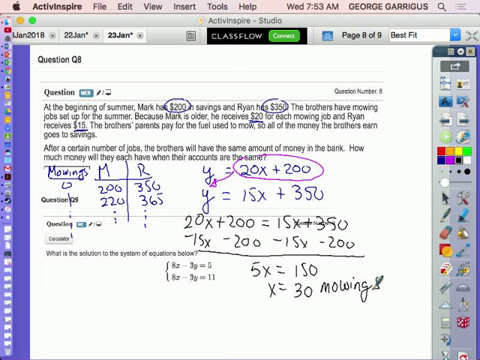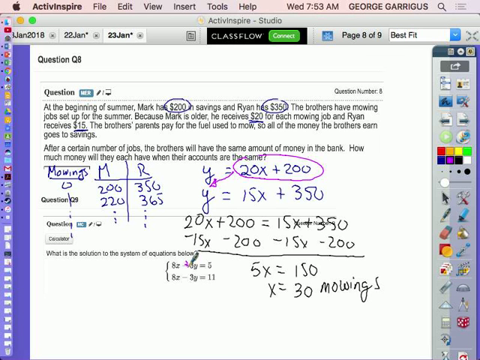Question number 9. This question is, again, another one that's hard to read. So go to Google Classroom and you can pull up the PDF version, where I've clipped all the test questions out and it's much easier to read. But basically this says 8x plus 3y equals 5, 8x minus 3y equals 11.